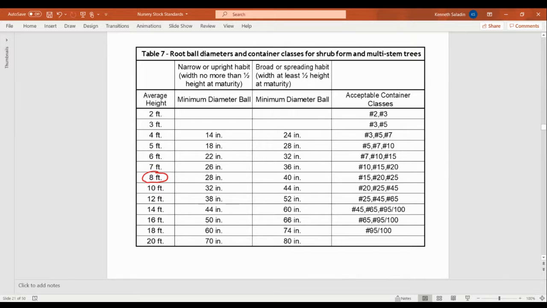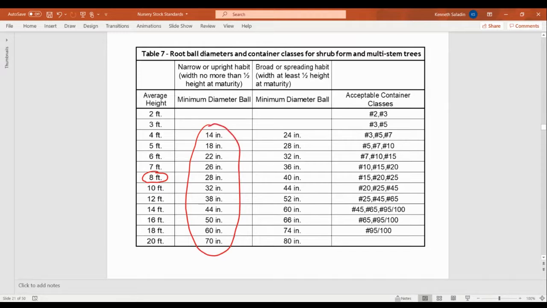The question is, why are there two columns that tell you what the minimum ball diameter should be? What the standards are telling us is that if the multi-stem tree has a narrow or upright habit, where the width is no more than 1/2 the height at maturity, you use the minimum ball diameters in this column.